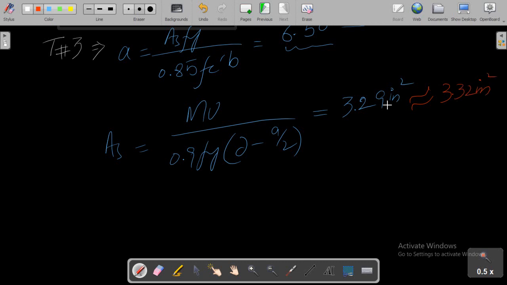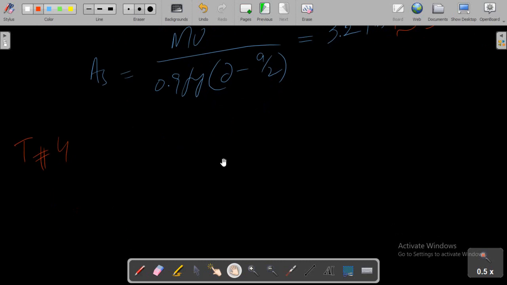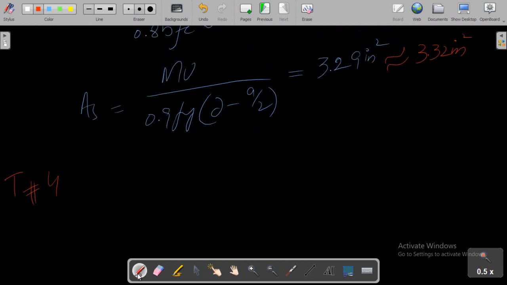If we revise and use trial number 4, these values will coincide. Let's say a is area of steel times Fy divided by 0.85 Fc prime into b.